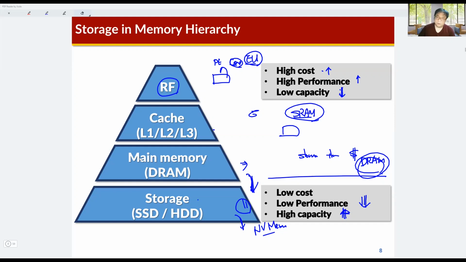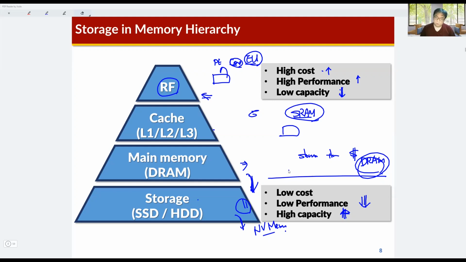So this small memory is located close to the processors, and the performance of this small memory is very high. But due to its cost, we cannot use a large memory for the register file or high-level caches.